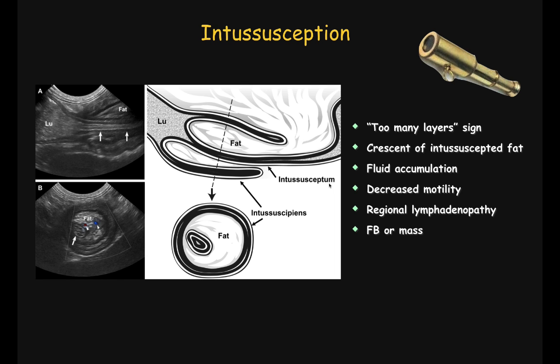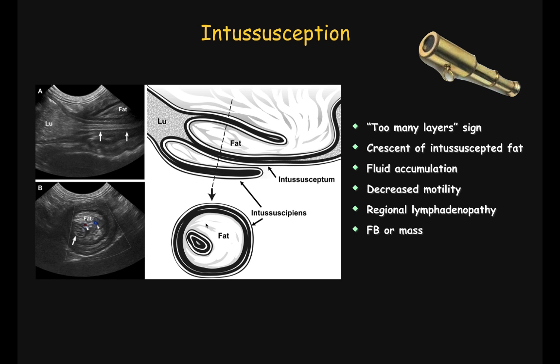Then on this drawing, we also can see in this midjejunal invagination that the intussusceptum drags along some mesenteric fat, and this results in a bright crescent of intussuscepted fat, as we can see on transverse images.